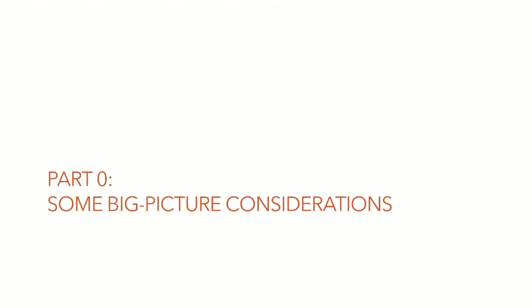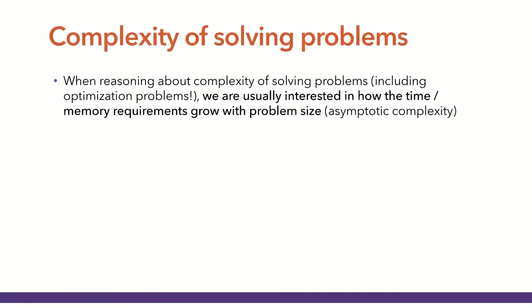by saying a few words about some big picture considerations that are relevant here. When we're thinking about solving optimization problems in particular, what we're usually interested in is the asymptotic complexity of solving the problem. Specifically, we're interested in how the resource requirements, time or memory, grow with the problem size.